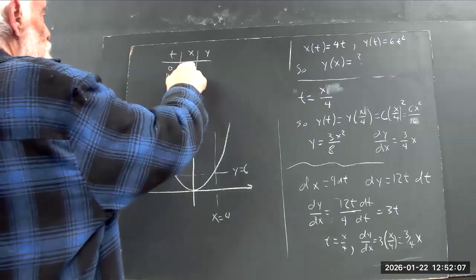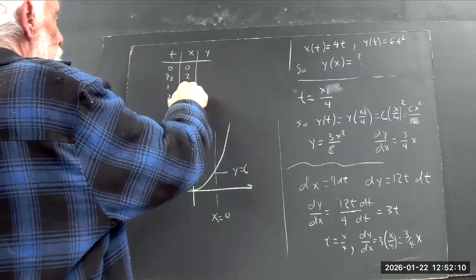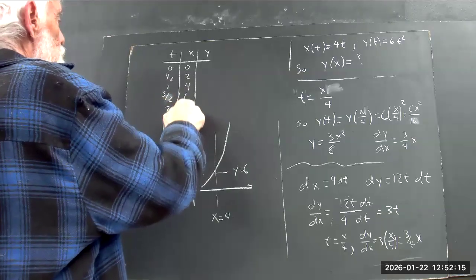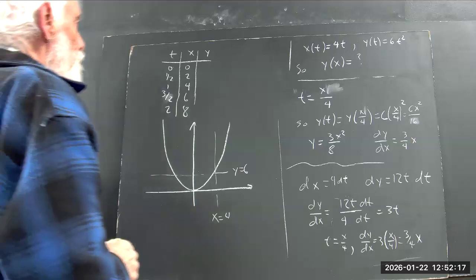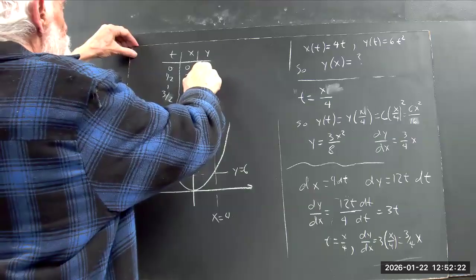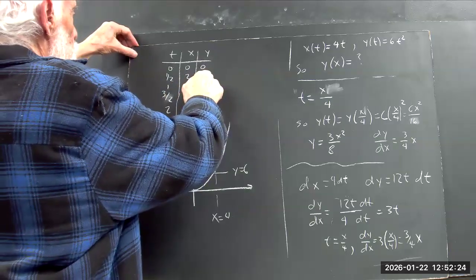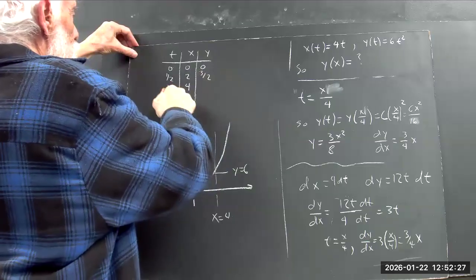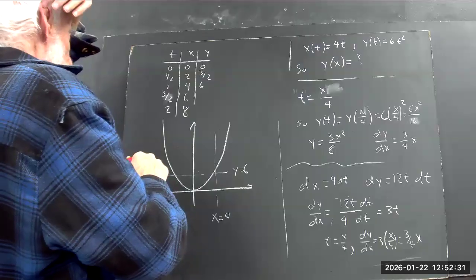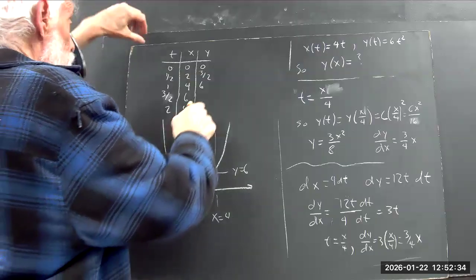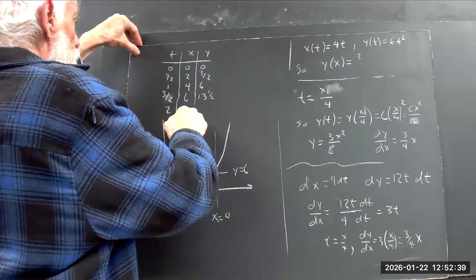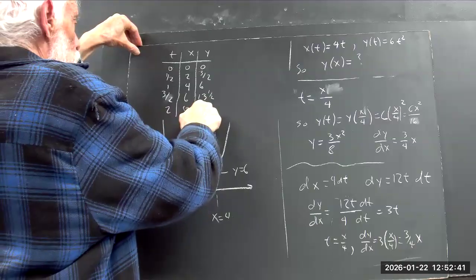Then x is going to be 0, 2, 4, 6, 8. And y is going to be 6t squared, which is going to be 0. 1/2 squared is 1/4, so it's going to be 3/2. 1 squared, of course, is going to give us 6. 3/2 squared is 9/4. 9/4 times 6 is like 13.5. And at 2, you're going to have 24.